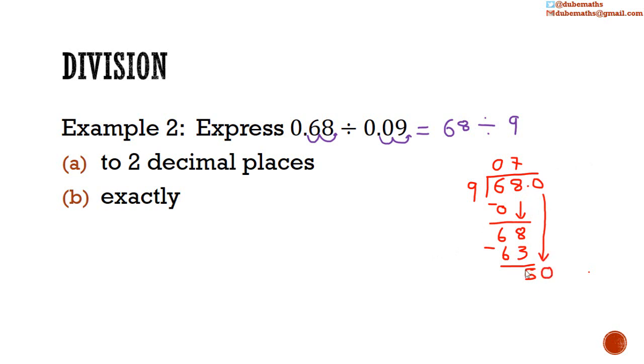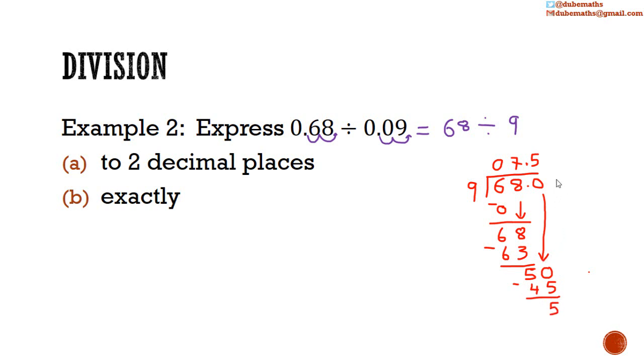Nine into 50. 9 into 50 is equal to 5. Remember, the decimal point in the answer goes above the dividend. 5 multiplied by 9 is equal to 45. Subtracting, we get 5.